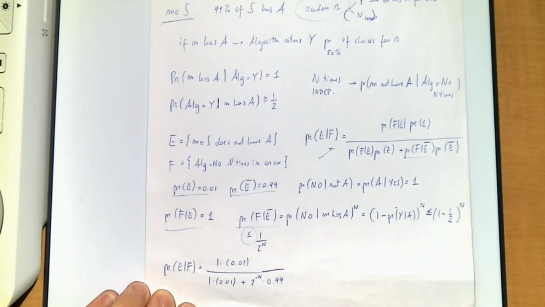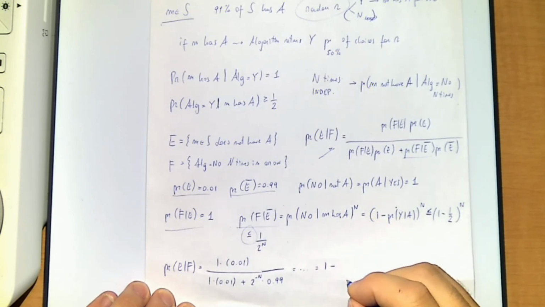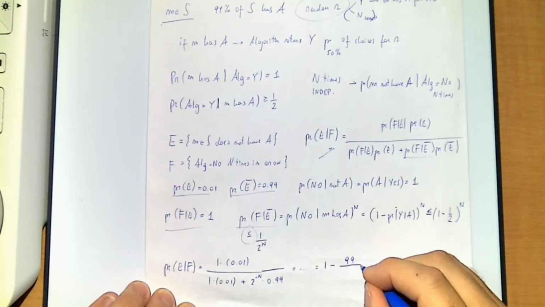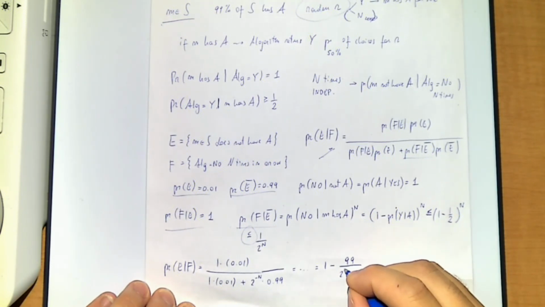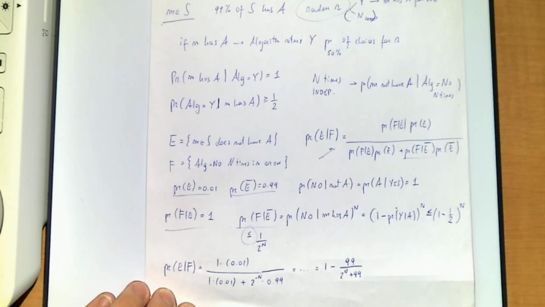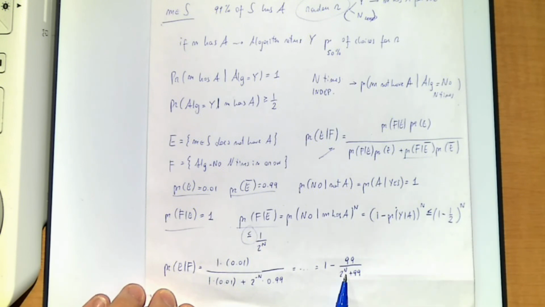When I compute all this, after some algebra it simplifies to 1 minus 99 over 2 to the n plus 99. So my probability is basically 1 minus a certain factor. Now, if I take n equal 1, if I just try once, this number is very close to 1. It's like 99 over 101, essentially.